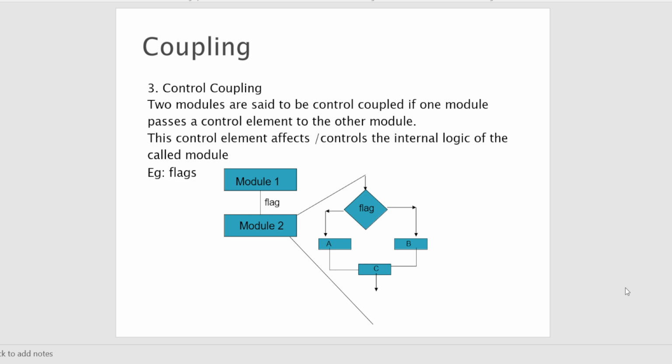The function has logic to find whether it is prime. If it is prime, it returns 1; if not, it returns 0. When it returns 1, the main function prints it is a prime number. When it returns 0, the main function says it is not a prime number. So depending upon 1 and 0, you are printing two different options. That's control coupling.